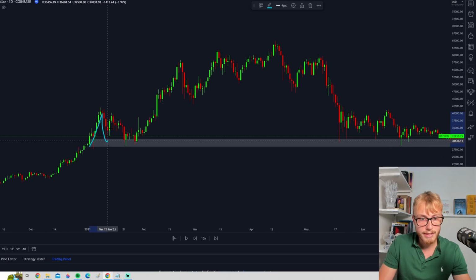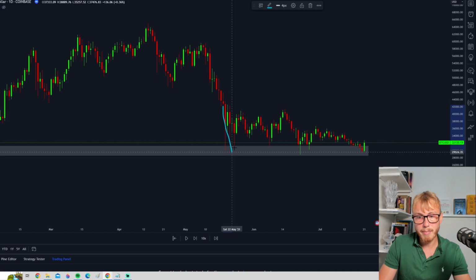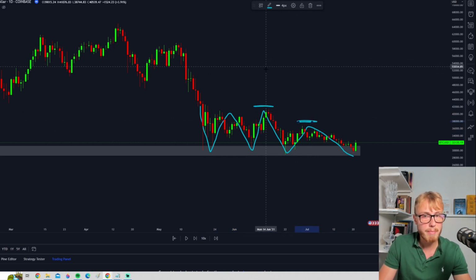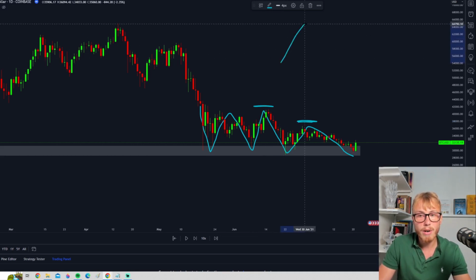We saw the price getting a few strong reactions off this support. The price came back and saw multiple strong reactions here on the support level. One thing to be a bit cautious about, however, is that you can see we had one high and then one lower high into support. And remember from the previous lesson, when we have many lower highs into support, the support gets weaker and weaker.